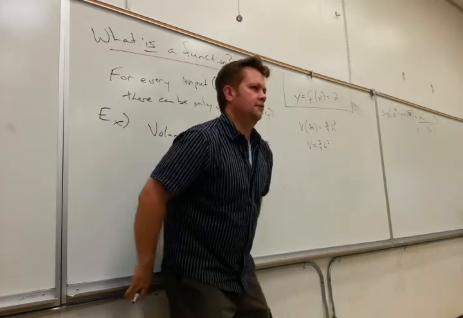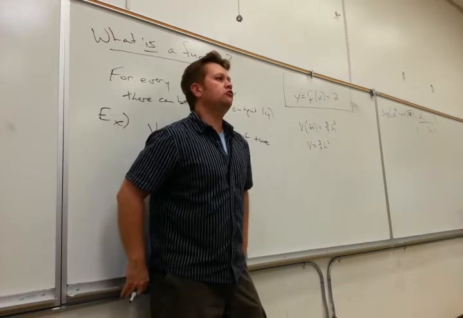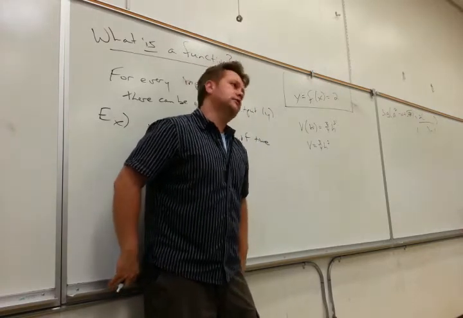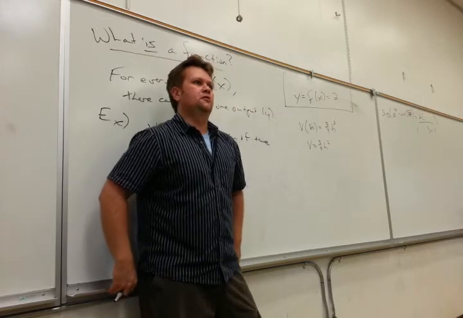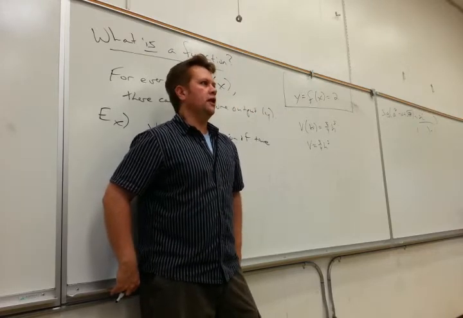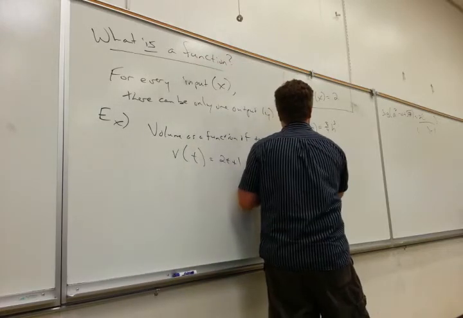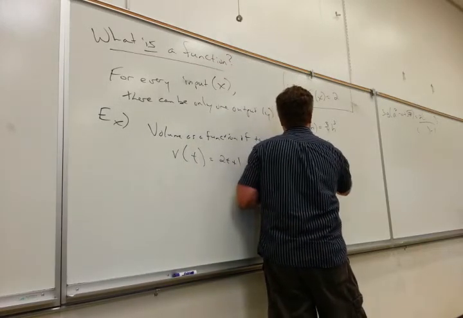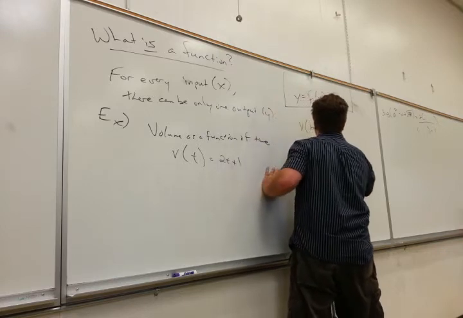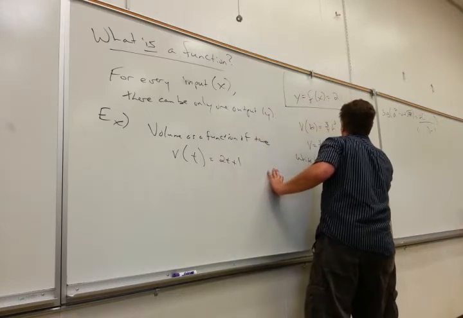Now, if I said I want you to rewrite that as height as a function of volume, number one, do you know what that means? And number two, can you do it? So I want you to write height as a function of volume.